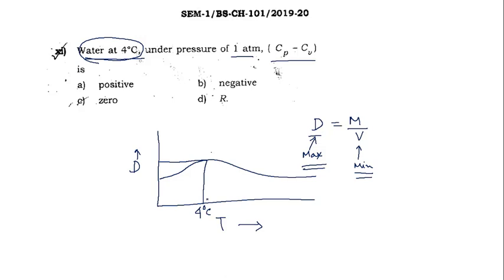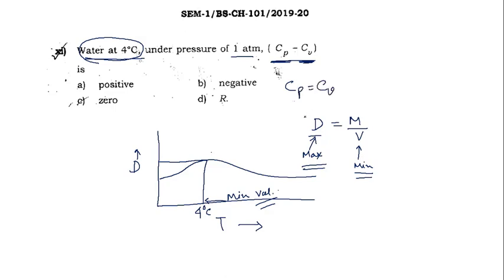at 4 degrees centigrade. The volume is minimum, that means you cannot compress it further. So if you cannot compress it, then Cp minus Cv doesn't matter, so Cp and Cv will be equal.